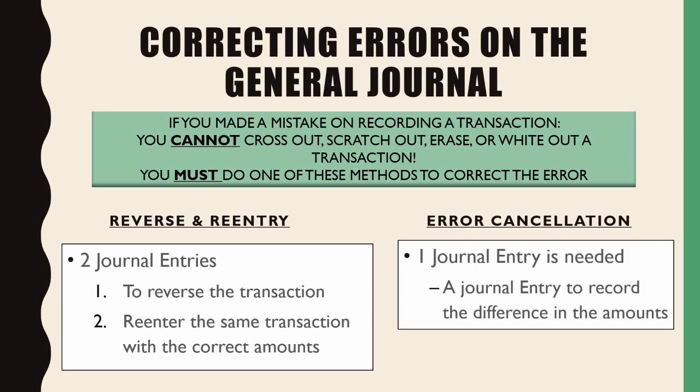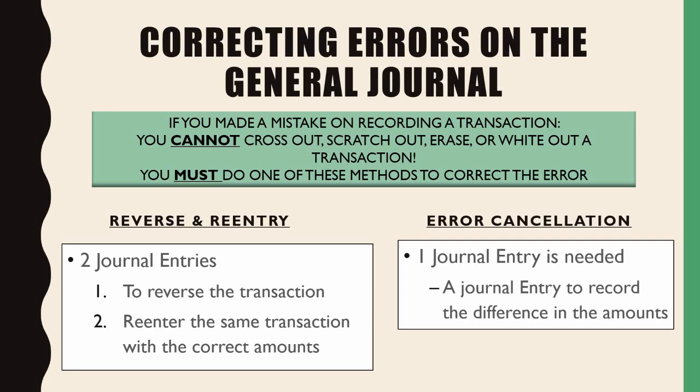Error cancellation is only for more avid users or more people who have more experience in bookkeeping, because the way that we have to understand is that you are only going to create one journal and only one. And this journal is going to determine what the difference is between the mistake and the corrected entry. And what you're going to do is determine which account is under or which account is over.